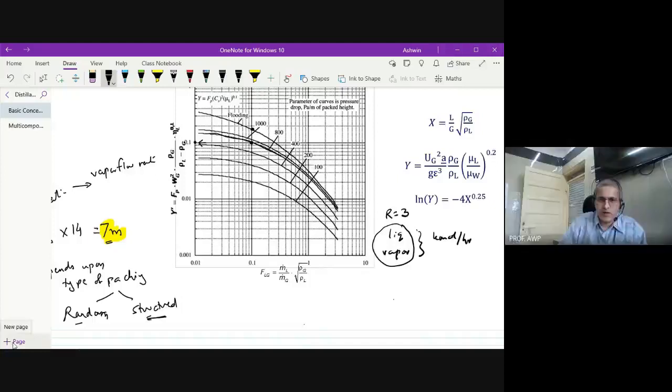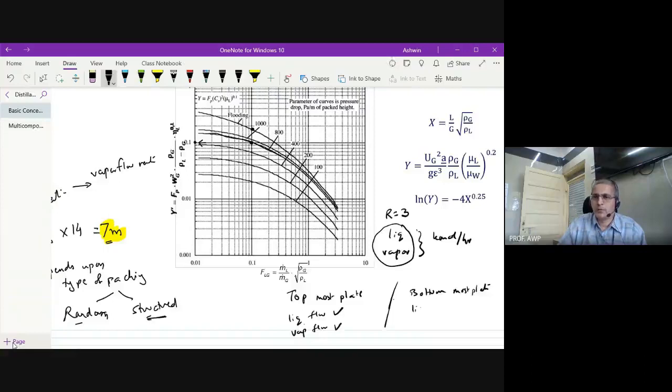So all I'm asking now is, if I look at above the feed plate, or let's say the top of the column, topmost plate, or bottommost plate, you will be able to calculate the liquid flow rate and the vapor flow rate.